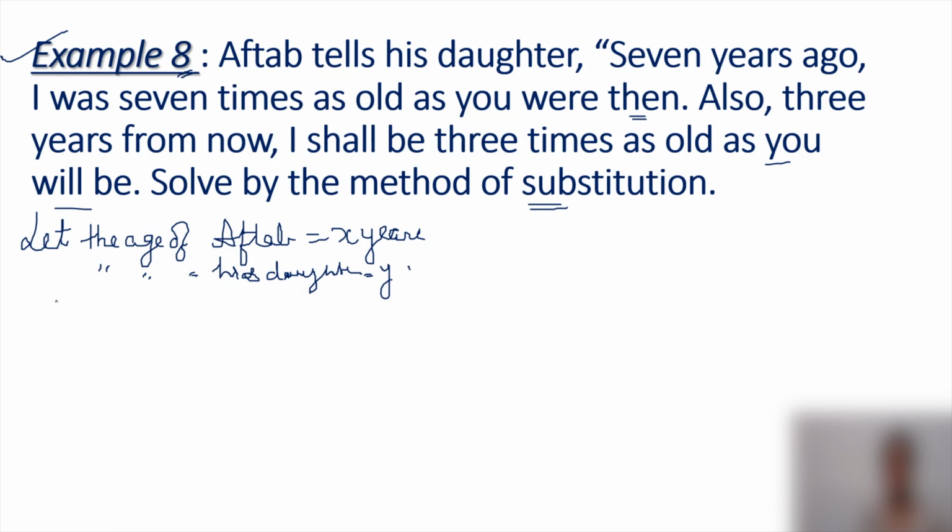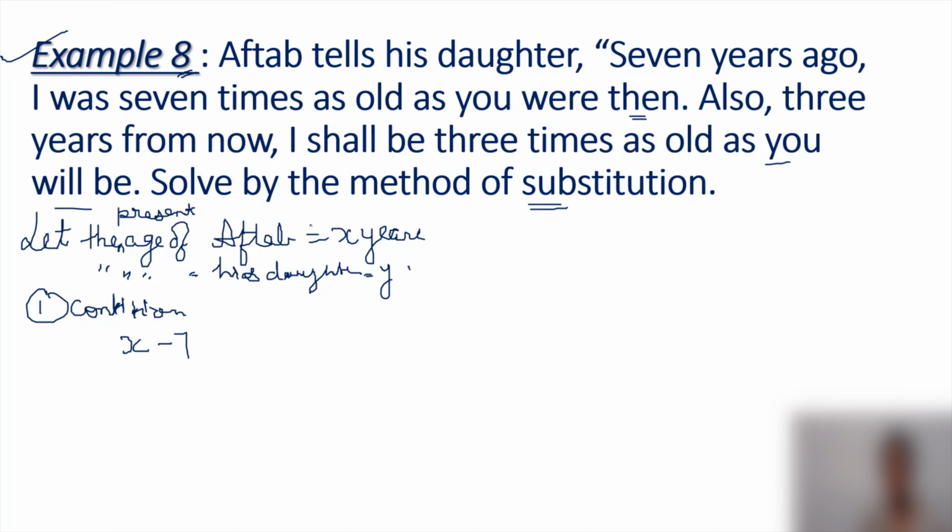Now according to first condition, 7 years ago, it means Aftab was x minus 7. Better to write the present age of Aftab is x, present age of his daughter is y.